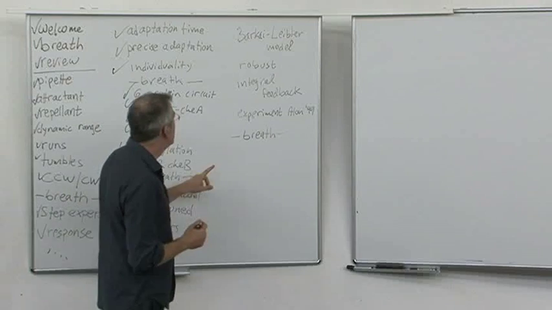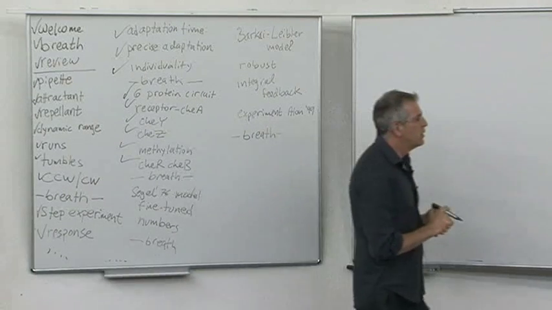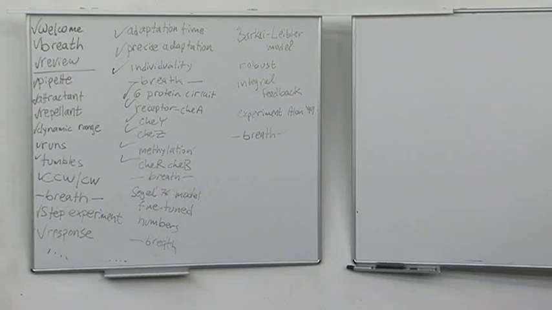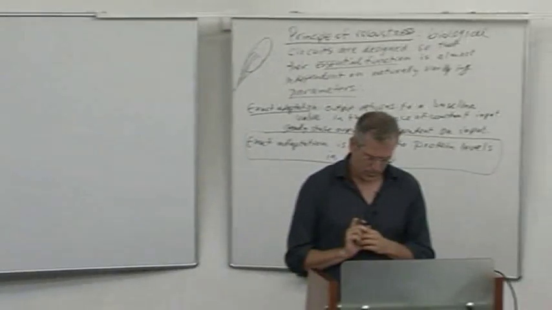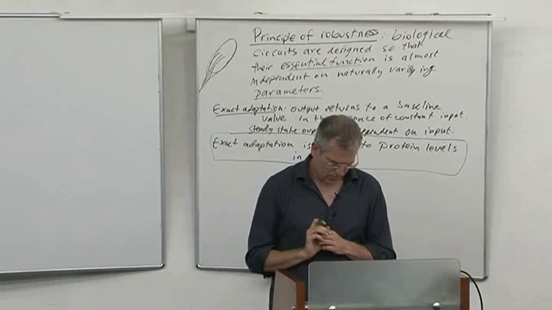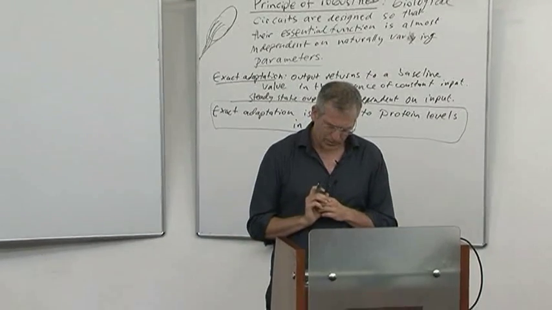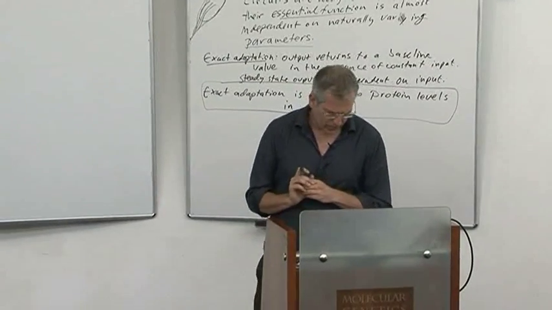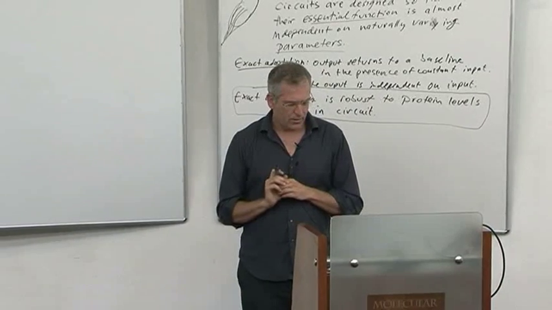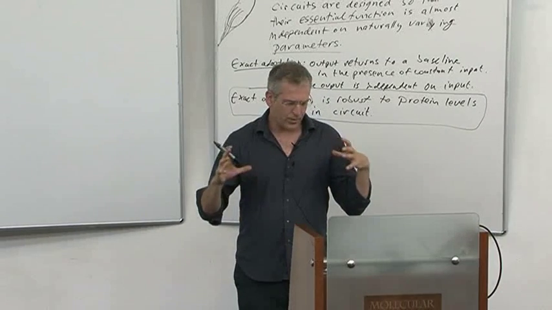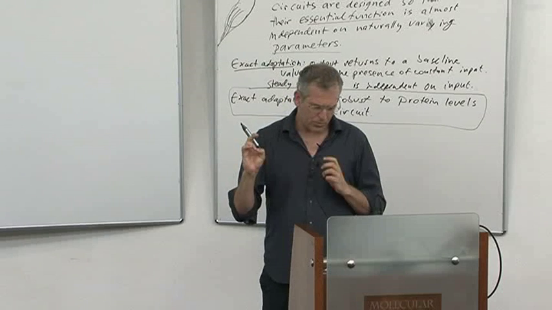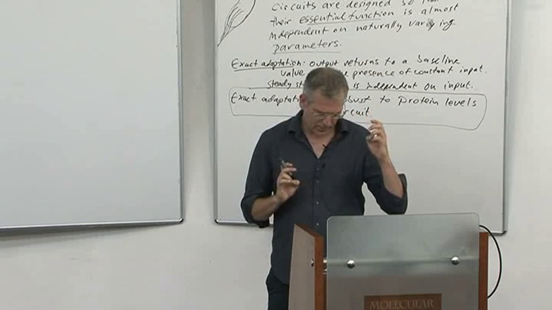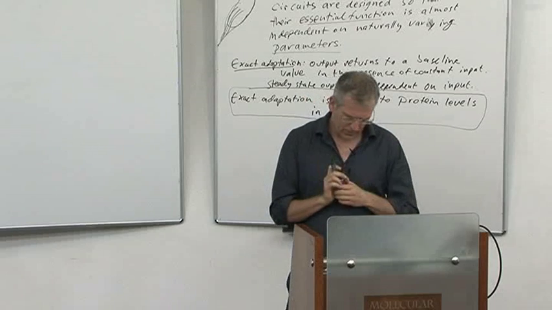I think I'm just going to give you the robust model. I'll spare you the decades of mathematical work that made models that have exact adaptation, but they're not robust. That's when you change protein levels, exact adaptation is really fine-tuned.